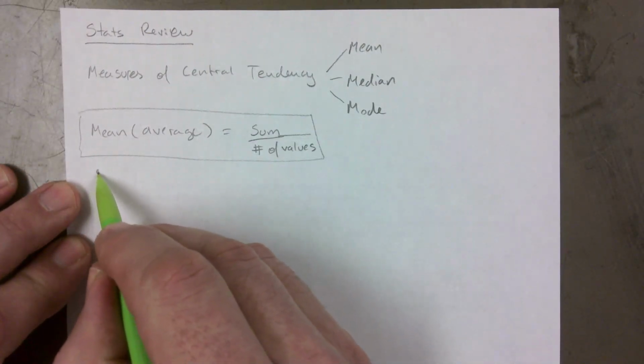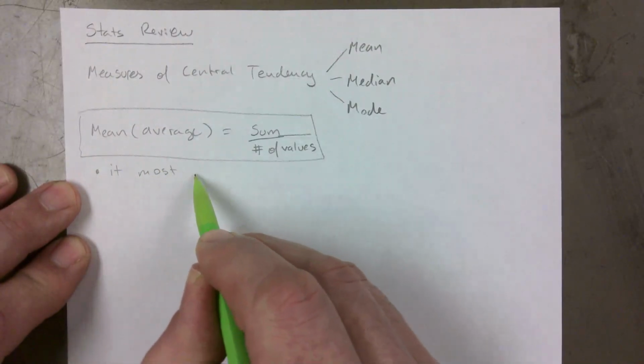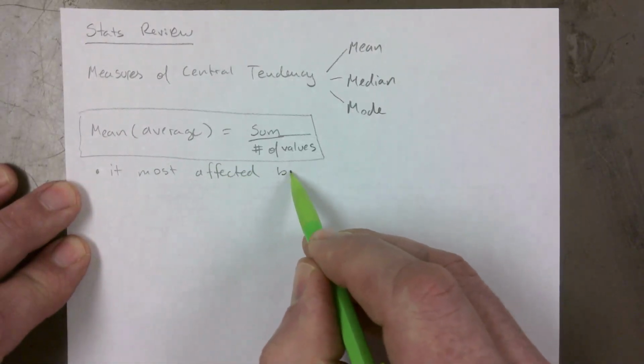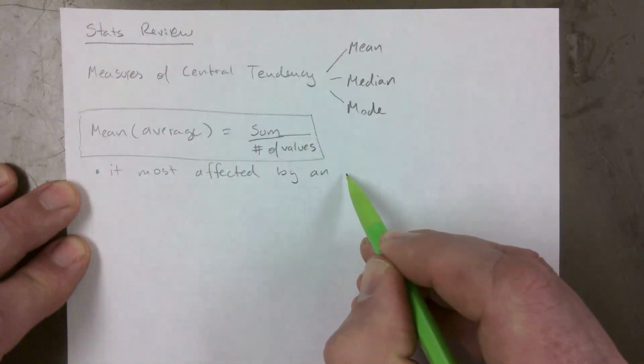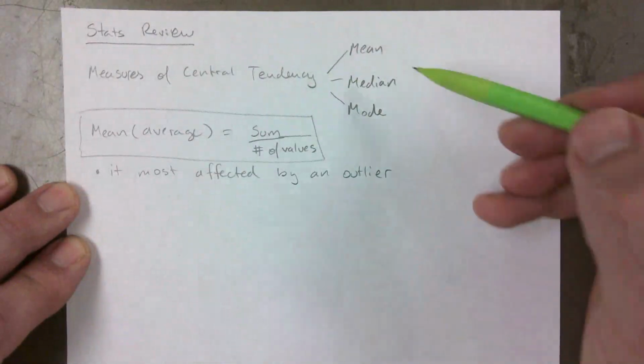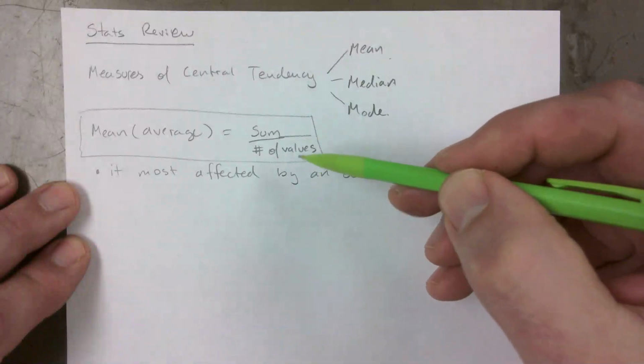What else do we need to know about the mean? It is most affected by an outlier. If you consider all three of these, it will be mostly affected by any outliers.